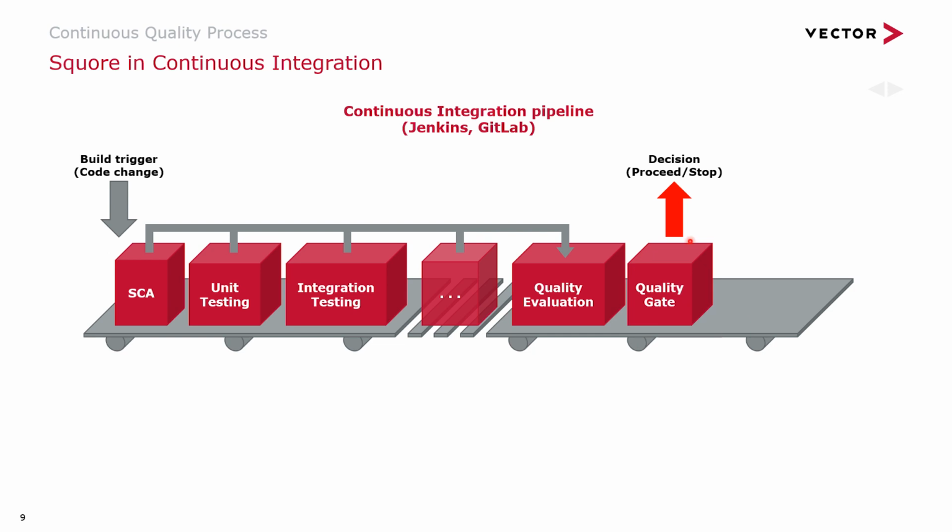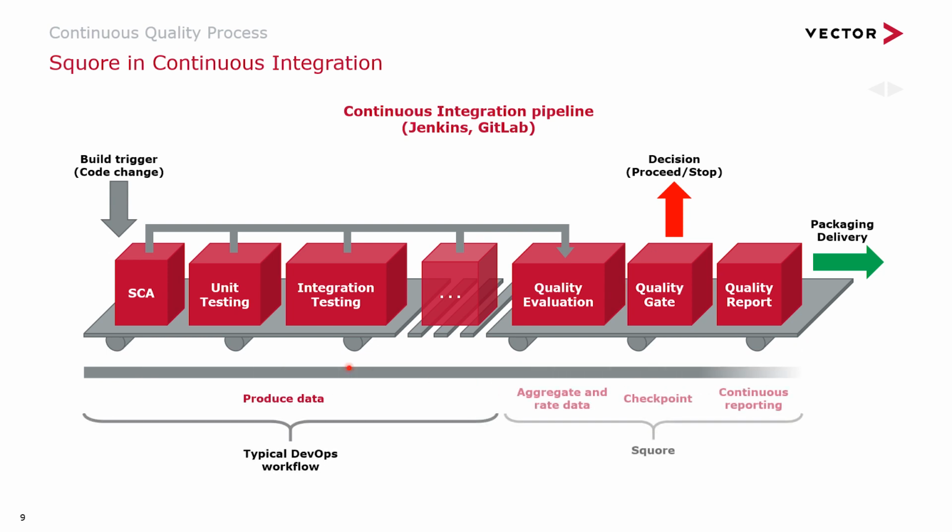Squore is going to do a second thing, which is to check the quality gate or quality gates. So this is really important because this is the moment where we know what the quality evaluation is on the project, and so we know also our expectations, and so we know if you have to stop or continue. If we continue, Squore is going to be also able to generate some quality report based on all the indicators evaluated before.